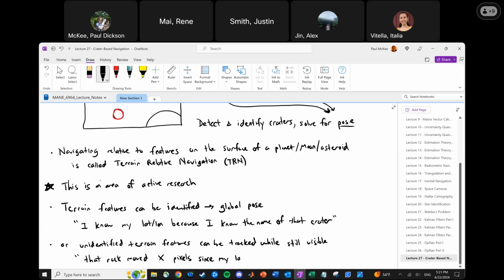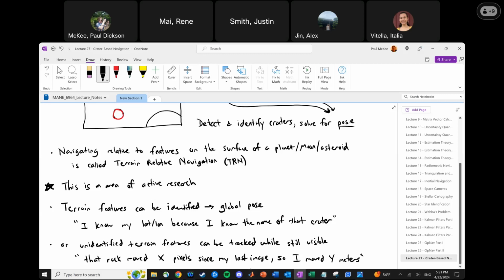But rocks don't move, at least ostensibly, unless you've seen the documentary Apollo 18 about the moon spiders. That's a joke. Rocks don't move, which really means, so really, I must have moved Y meters. That's the idea. So this is kind of a local relative navigation.